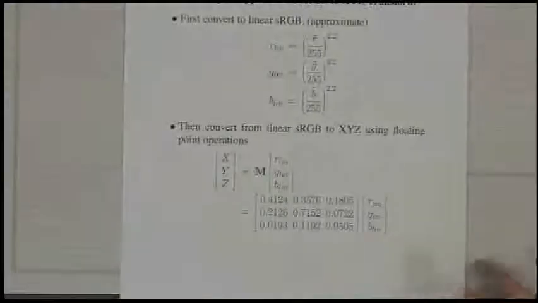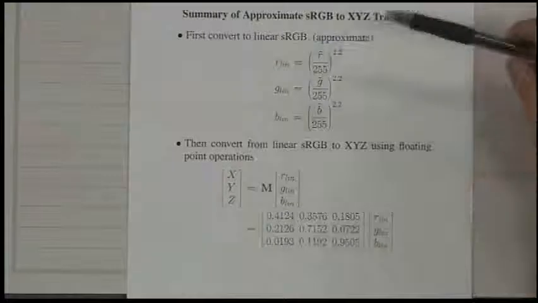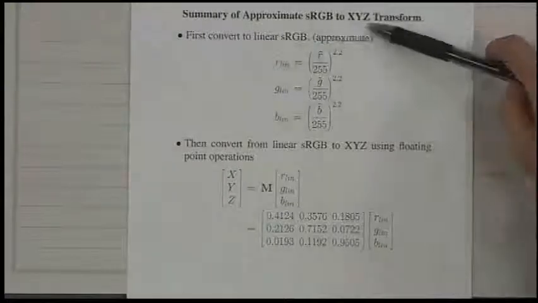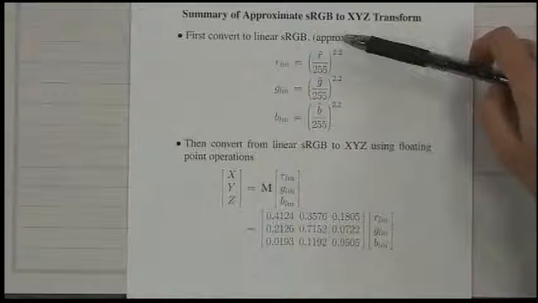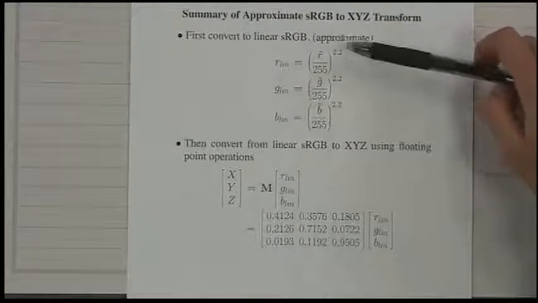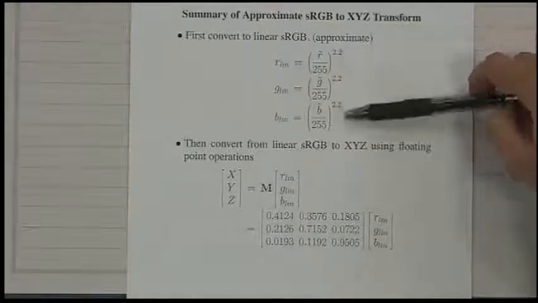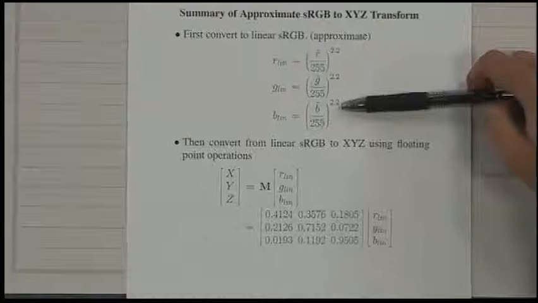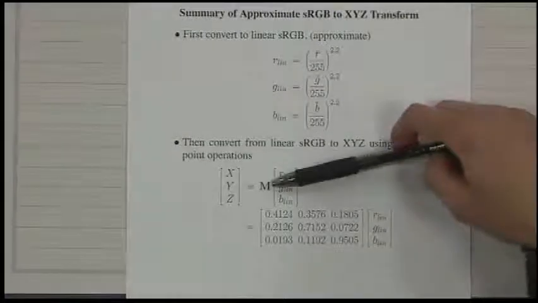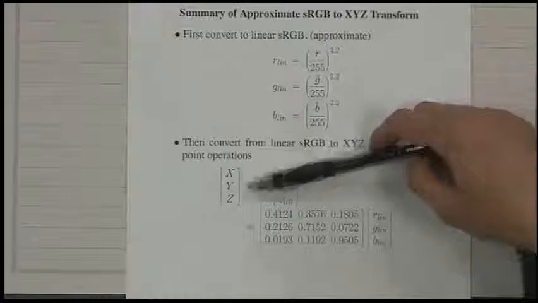So this summarizes what we are going to do if we have to convert from sRGB to XYZ. We perform the inverse of the gamma correction, and then we use the M matrix we just computed to perform this linear transformation.